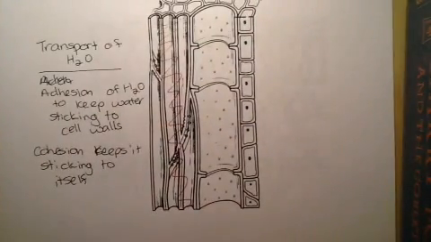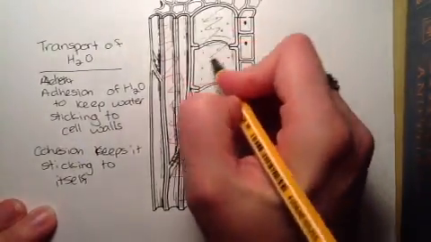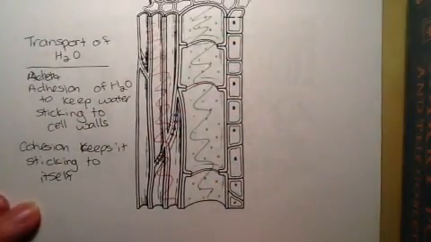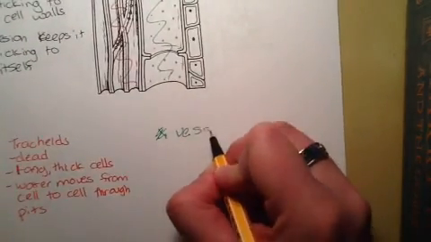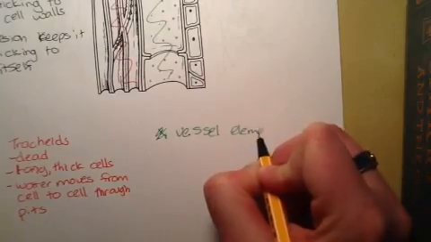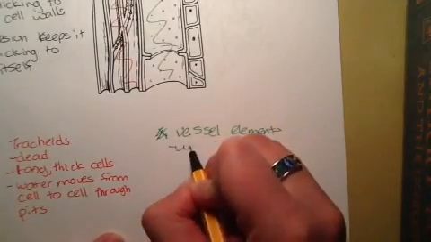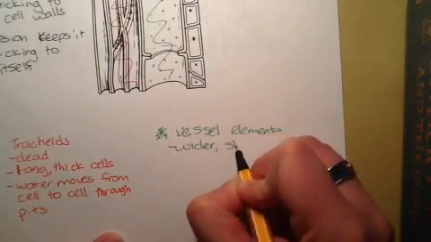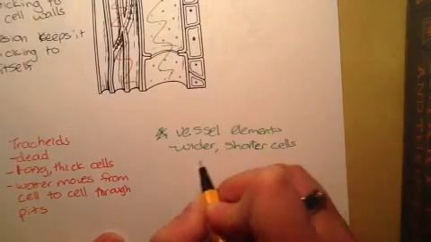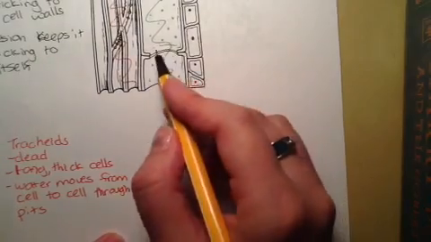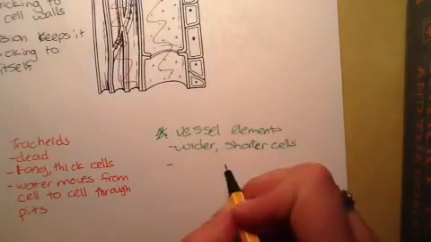And then the other type of cell that's involved here in our xylem, I'll color them in green, are called vessel elements. Vessel elements are wider, shorter cells, and they have perforated ends that allow water to flow freely.